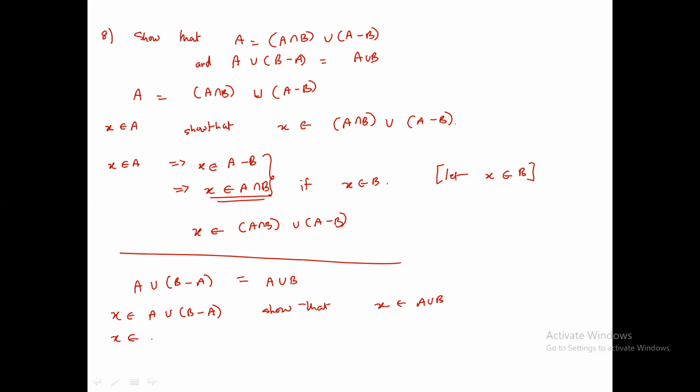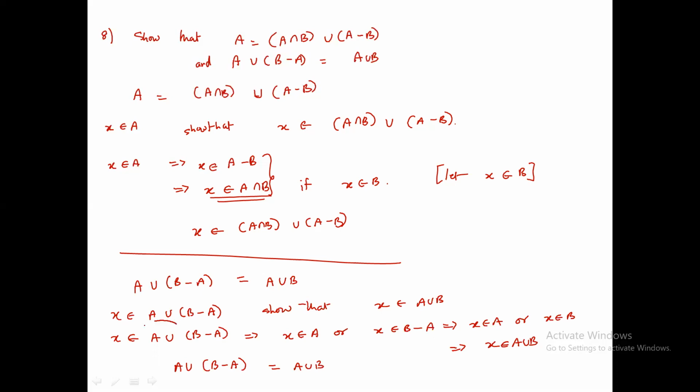So when I say X belongs to (A union B) minus A, that means X belongs to A or X belongs to B minus A. That means X belongs to A or X belongs to B. And so we can say X belongs to A union B. That means we have shown that (A union B) minus A is same as A union B because we started with this and ended with this.